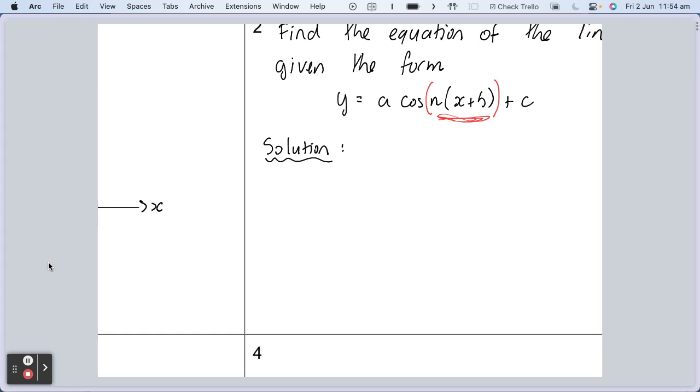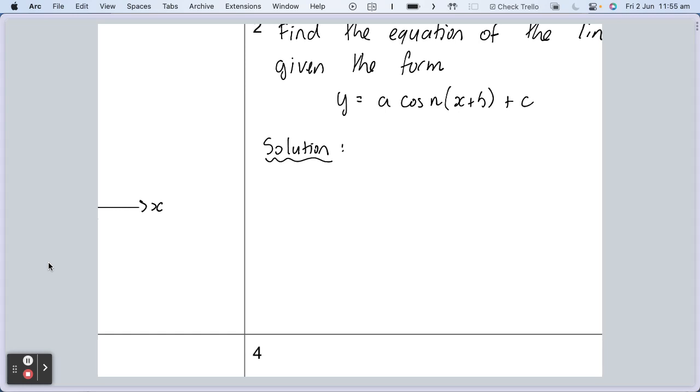But the information sheet doesn't put that main set of brackets in. It's one of those weird things that mathematicians do, that they don't want to have too many brackets floating about, so sometimes they make exceptions. But it's not cos times n, it is just cosine, and then the argument going into cosine is n times x plus b. Just keep that in mind.